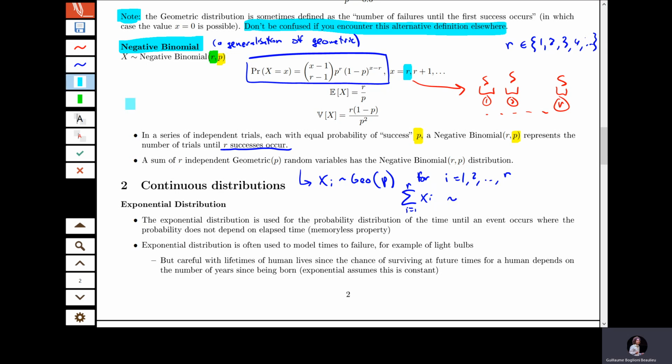Careful that when you sum random variables, the result is also a random variable, because you have different random quantities. You sum all of them together, you still get a random quantity. And this random quantity has a distribution. Remember, we use this little tilde symbol to mean follows what distribution? Well, a negative binomial.